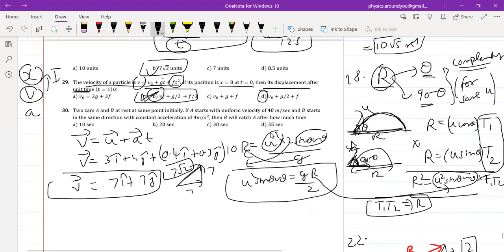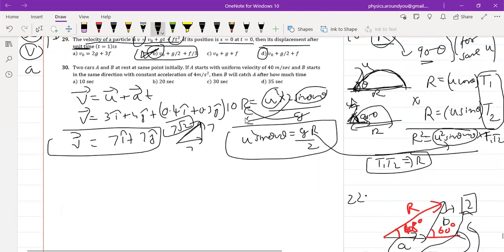Two cars A and B are at rest at the same point initially. If A starts with uniform velocity of 40 meter per second and B starts with constant acceleration, what is missing is initial velocity of B is 0. Only when we assume this, we can do the question. Then B will catch A after how much time?